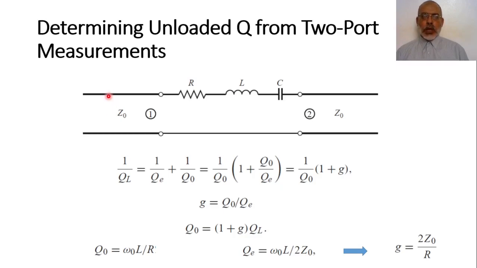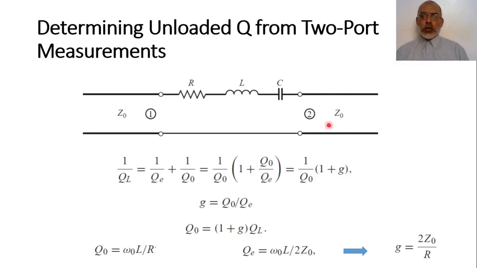Assume that we are going to measure the quality factor of a series resonant circuit by using two-port measurements. This means that we connect the input port of the resonator to a probe with characteristic impedance Z0, and the output port of the series resonator to another probe with characteristic impedance Z0.